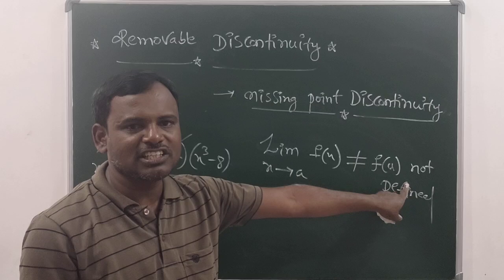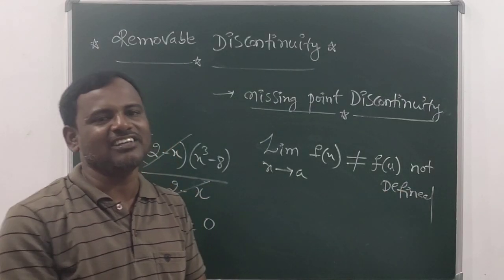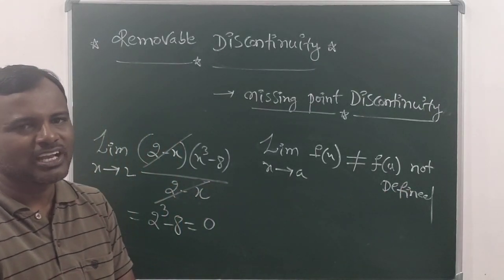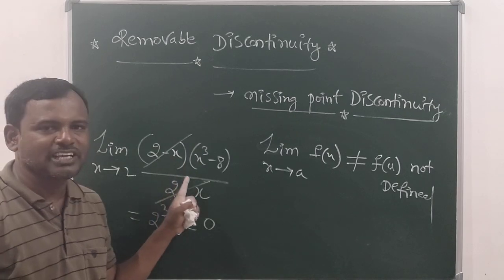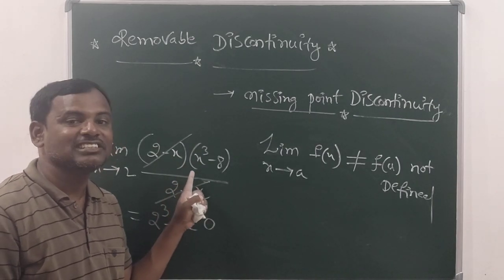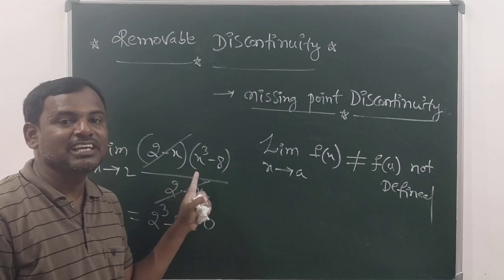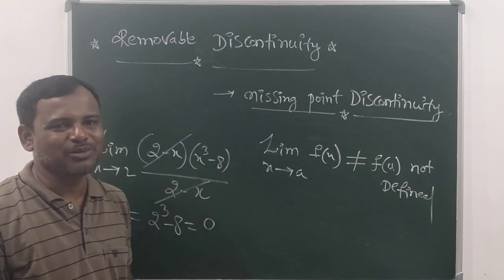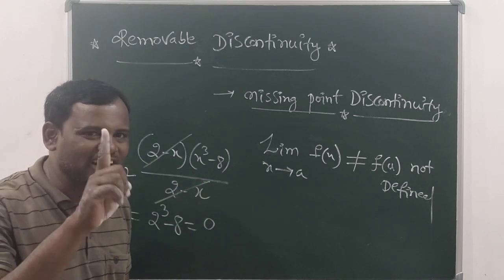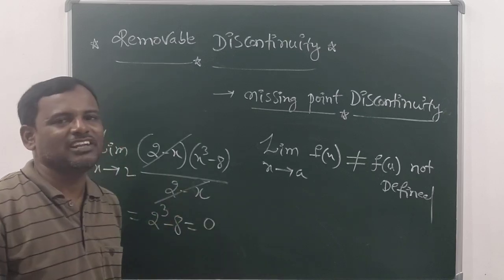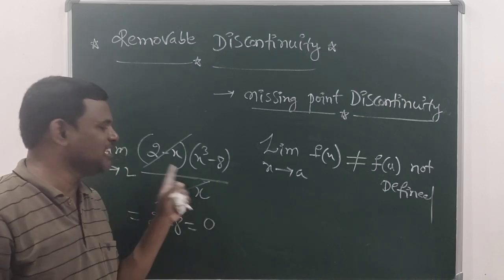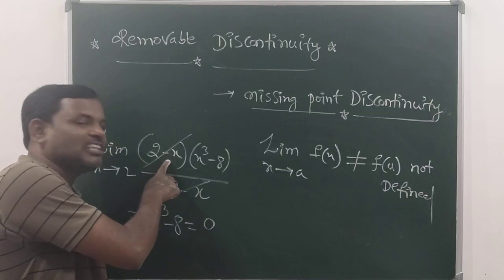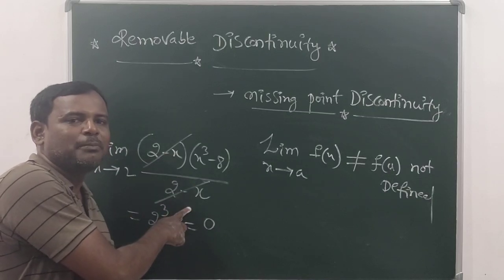But whereas on the RHS part, f of a is not defined. So what can you say? This function is missing continuity at x equal to 2. At only this real value it is not defined, but at other real values it is defined, because the numerator is a polynomial and the denominator is a polynomial.